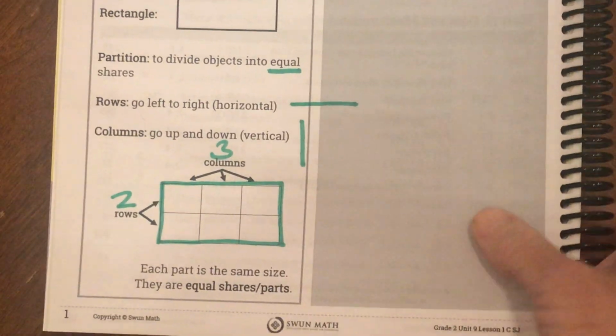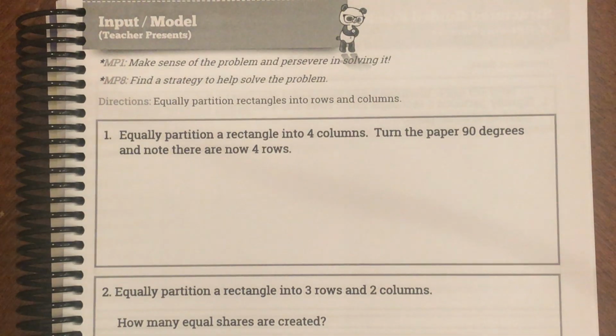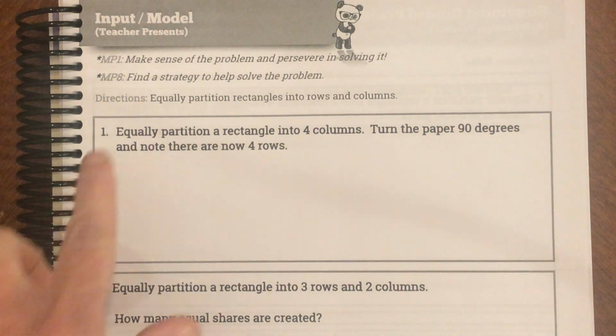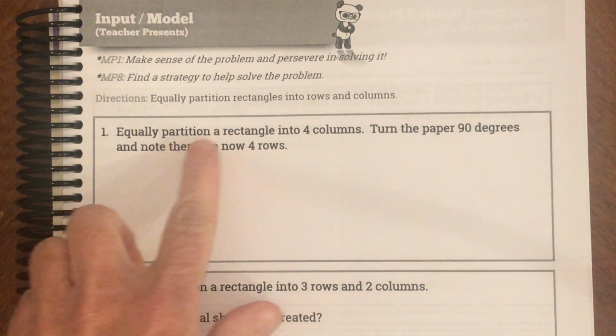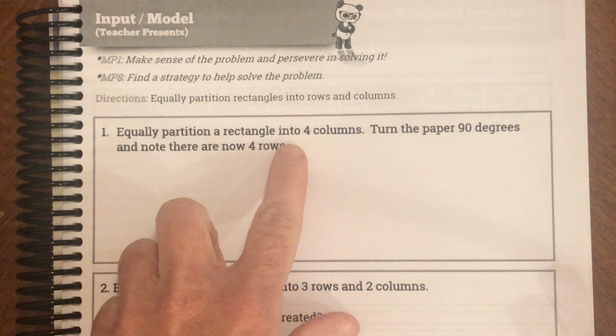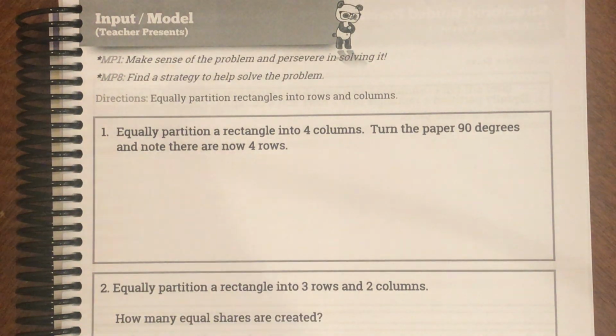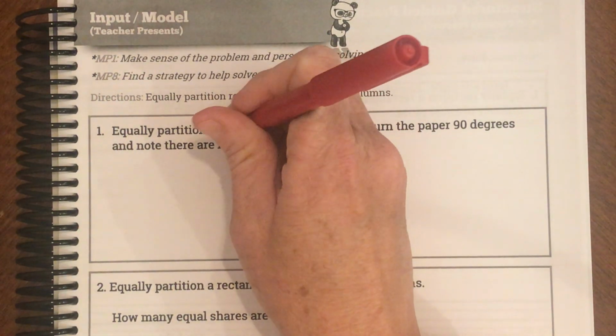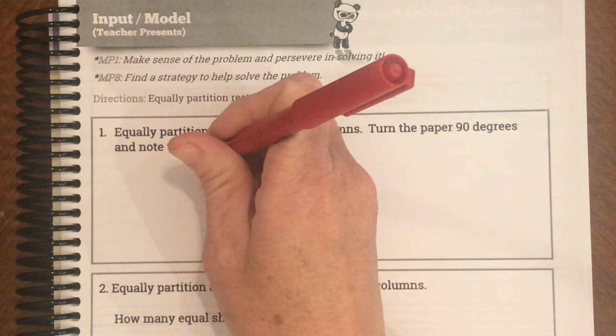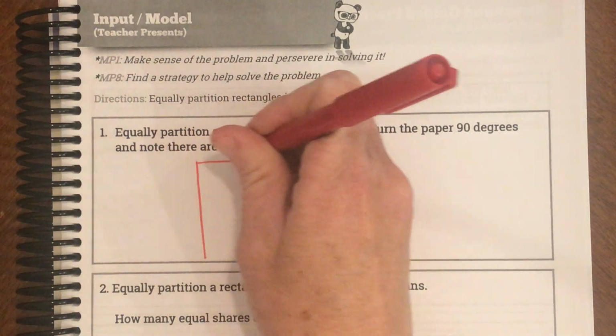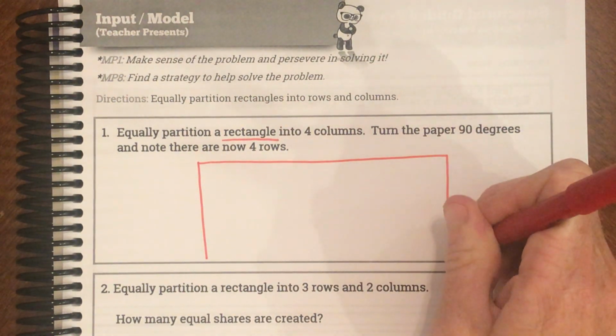Okay, I'm going to get started with my first problem. It says, equally partition a rectangle into 4 columns. The first thing I need to do is draw my shape. My shape is a rectangle, so here is my rectangle.